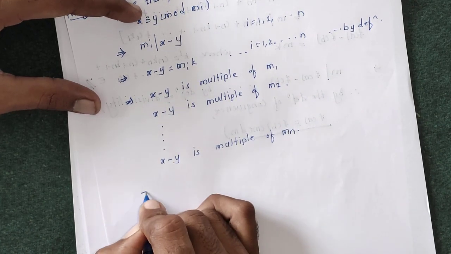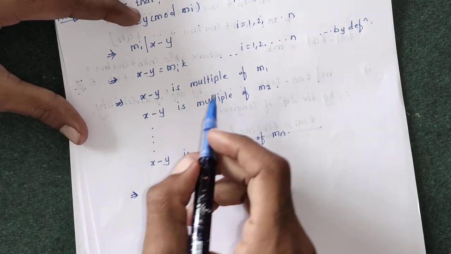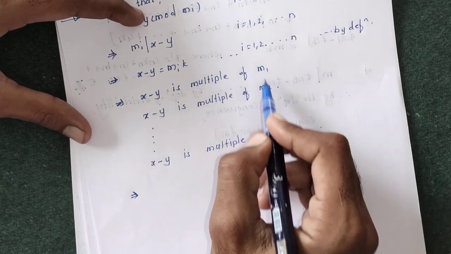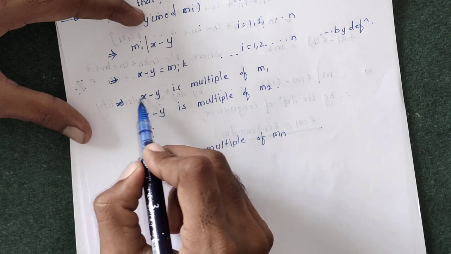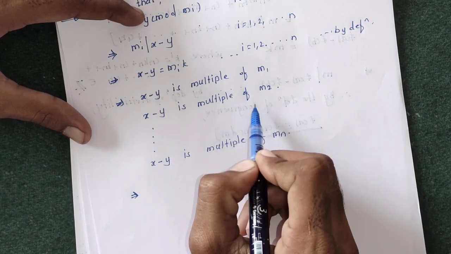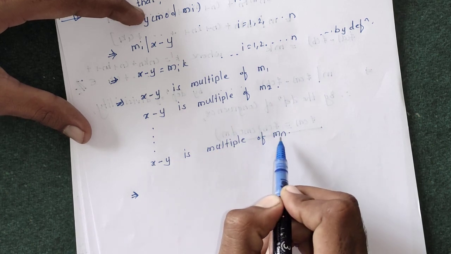From these n steps we can say that x minus y is a common multiple of all of these, since x minus y is a multiple of m1, again a multiple of m2, also a multiple of m3, up to a multiple of mn.